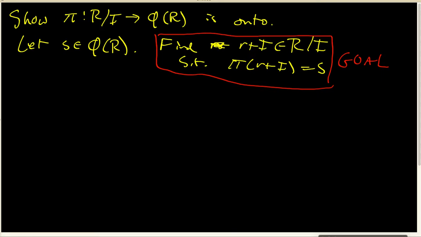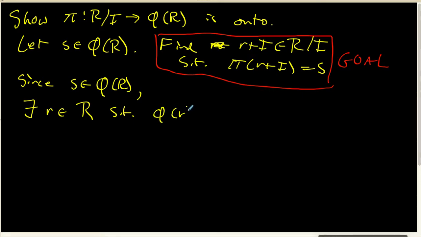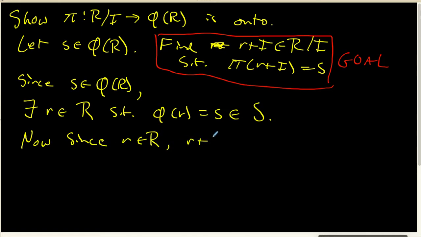Now, what do I know? Let's see. Since s is inside phi of R, that tells me there exists a little r inside ring R such that phi of little r is actually equal to s inside ring S. Now, since r is inside capital R, r plus I is a perfectly good element of the ring R mod I. And look at this.